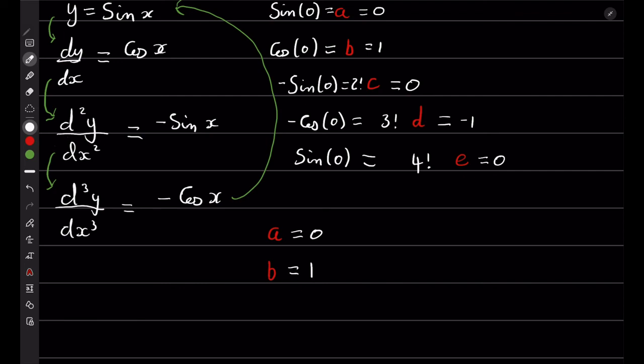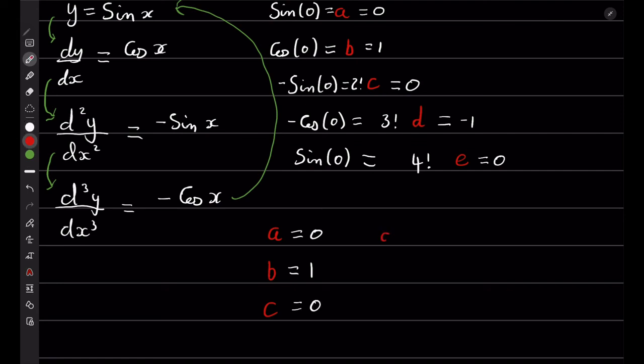C is equal to 0, because anything times anything, when these two multiplied are equal to 0, then of course C has to be equal to 0.